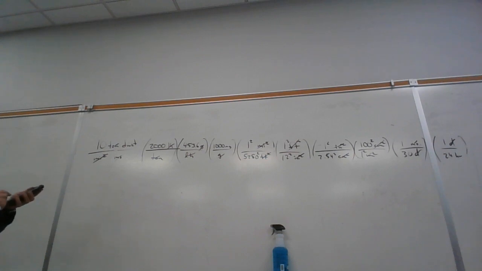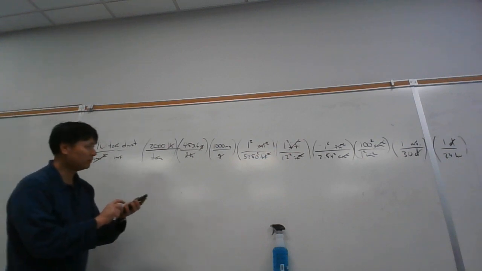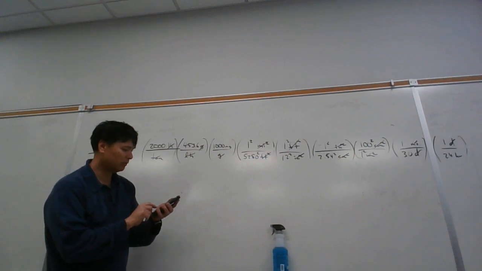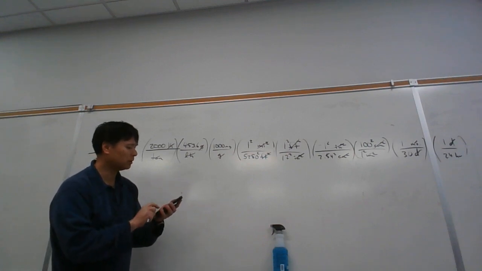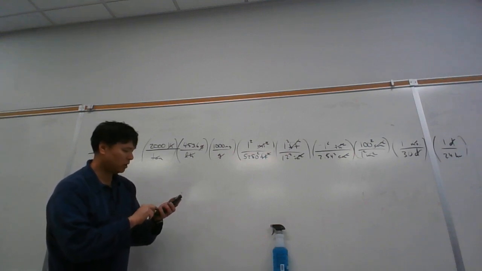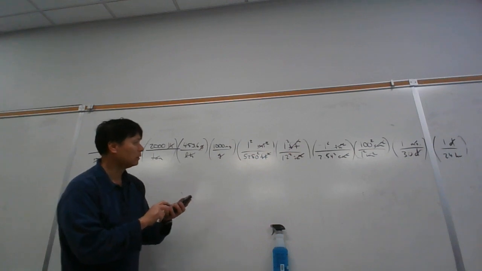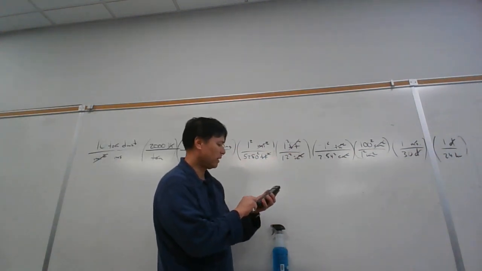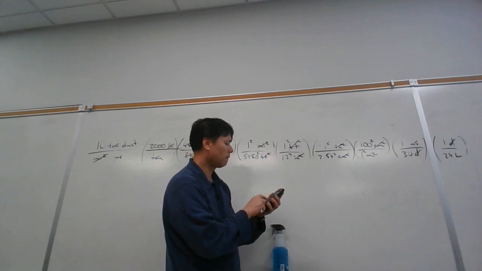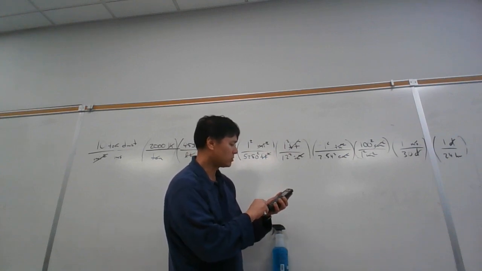So that's going to be 10 times 2,000 times 453.6 times 1,000 divided by 5280 squared. Divided by 12 squared. Divided by 2.54 squared. Times 100 squared.